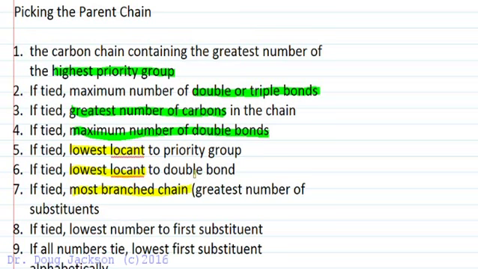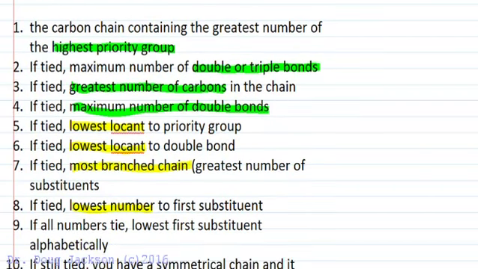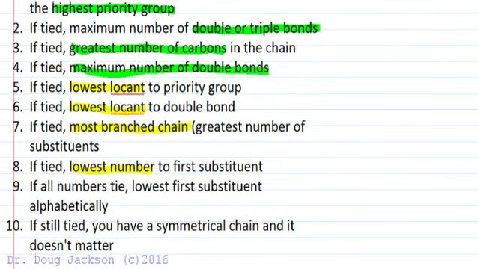And then if that's still a tie, lowest number to the first substituent. Okay, if that's still a tie, after all the substituents have been exhausted, so the first substituent, then the next substituent, and so forth. If that happens, we're going to pick the lowest first substituent encountered that's alphabetically lower.